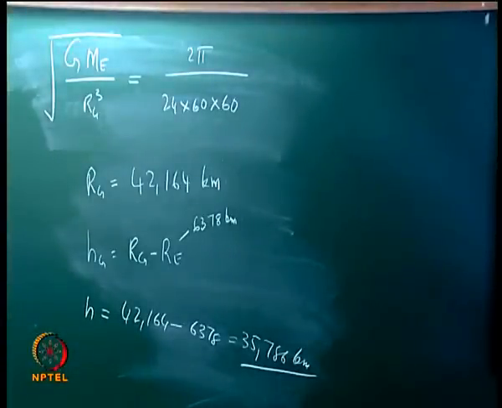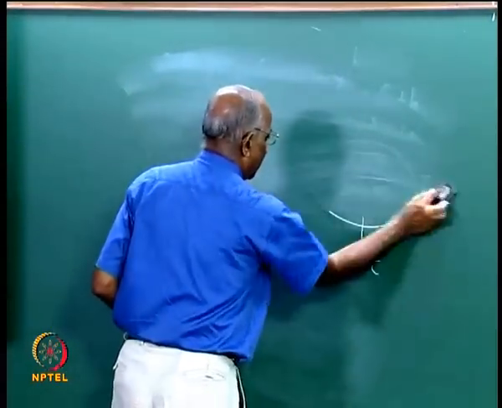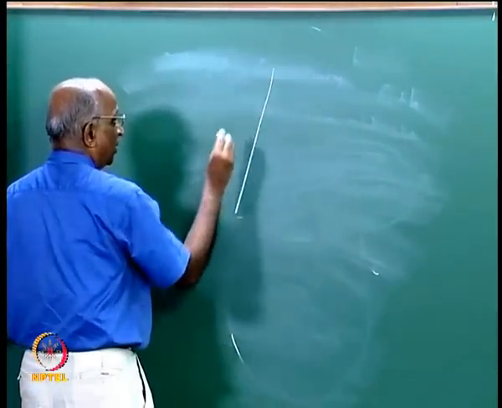All I am trying to say is, you have the earth, let us draw the earth and look at the rotation of the earth. You have the axis of the earth.